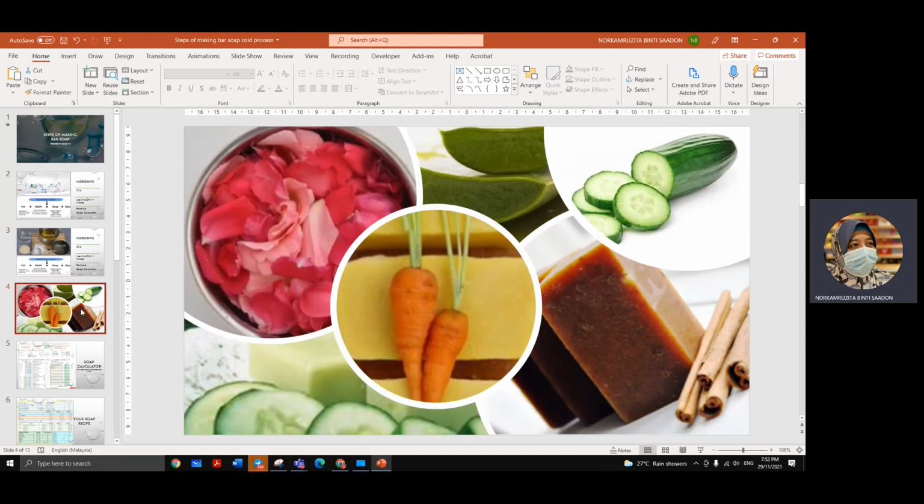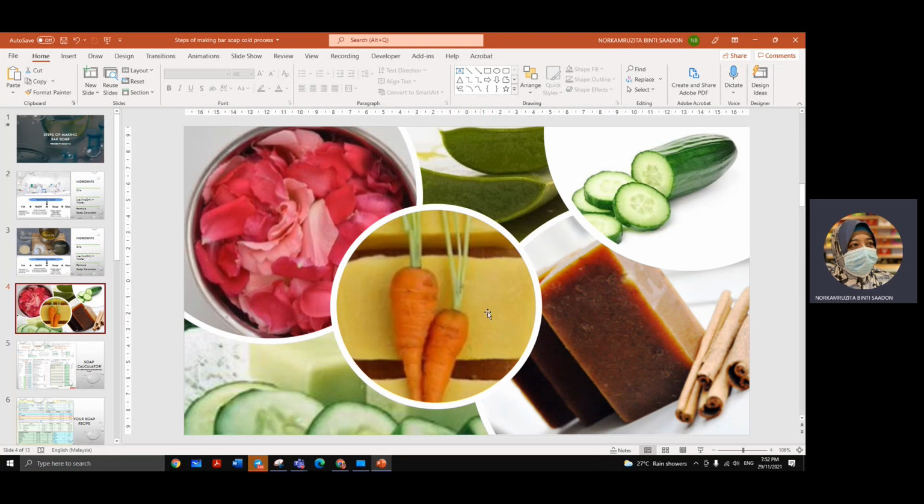Next, maybe you would like to add some ingredients to give aesthetic value to your soap. For example, you can use cucumber, cinnamon, maybe carrots, sunflowers or aloe vera and so on.